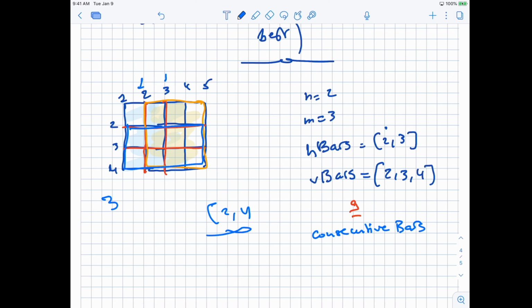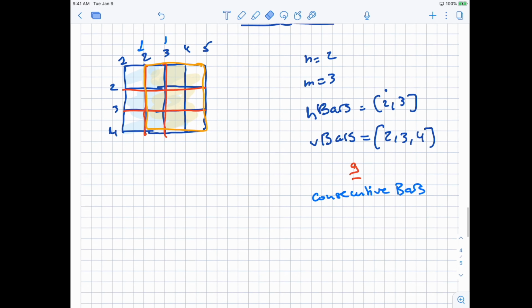So we can't have a larger area. But even in this case, for example, remember, we can take only a square, so that means we can take only this. We can't take the entire thing. Same thing with the previous one, we can take only this entire thing. So again, for vertical bars, horizontal bars, what matters is consecutive bars.